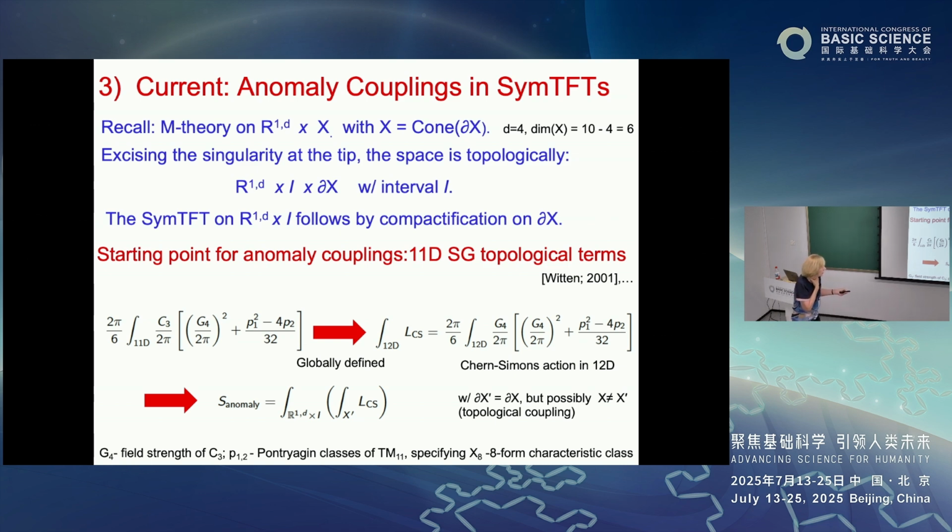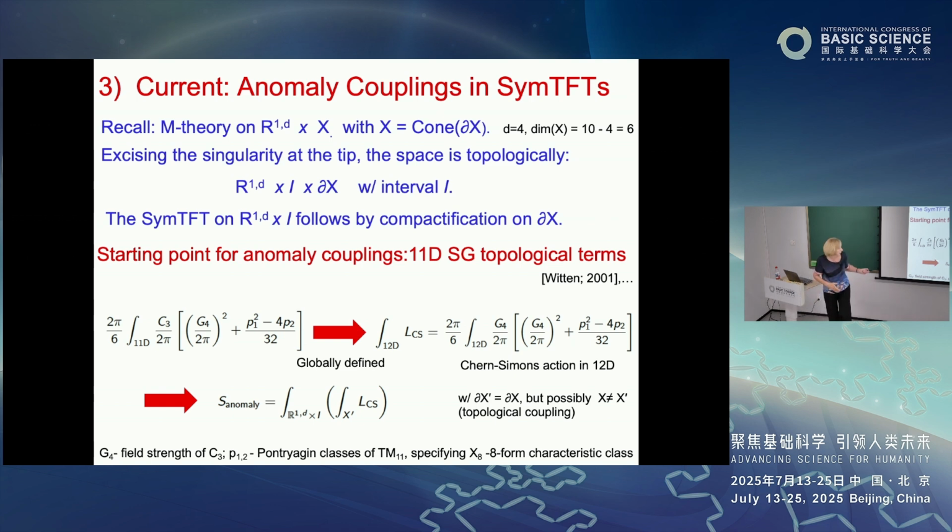Now, this extra non-compact space definitely has to have the same boundary as the original singular space. But in principle, because of the topological nature of this coupling, we can modify, deform this extra-dimensional space into a nearby, regular one, as long as the boundary is the same. So this is our starting point to determine anomaly couplings.